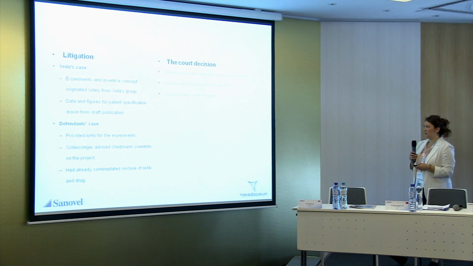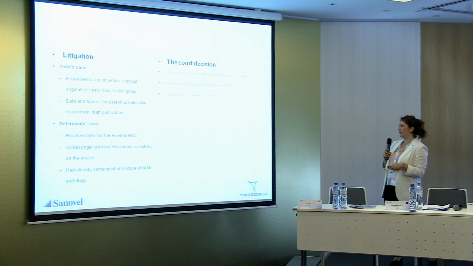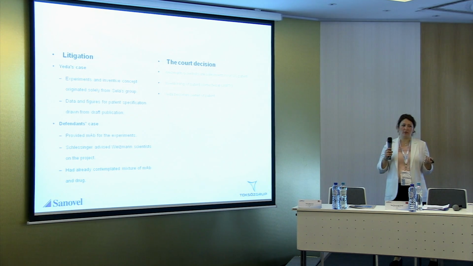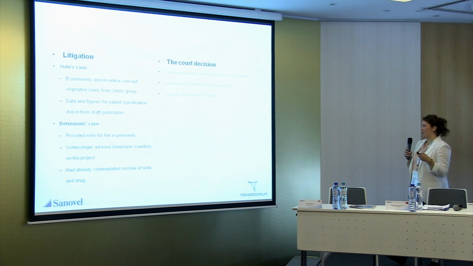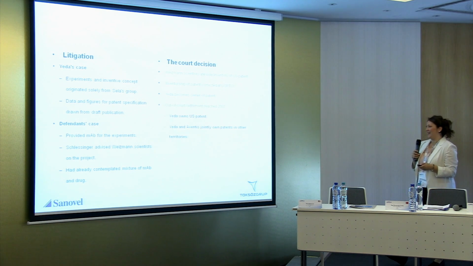And the court decision, of course, corrected the inventorship of the patent, and Yeda becomes the owner of the patent. At the beginning, if they had accepted the joint ownership, they wouldn't have lost lots of things. In the out-of-court settlement reached in 2007, Yeda owns the US patents, and they jointly own the patents in other territories.